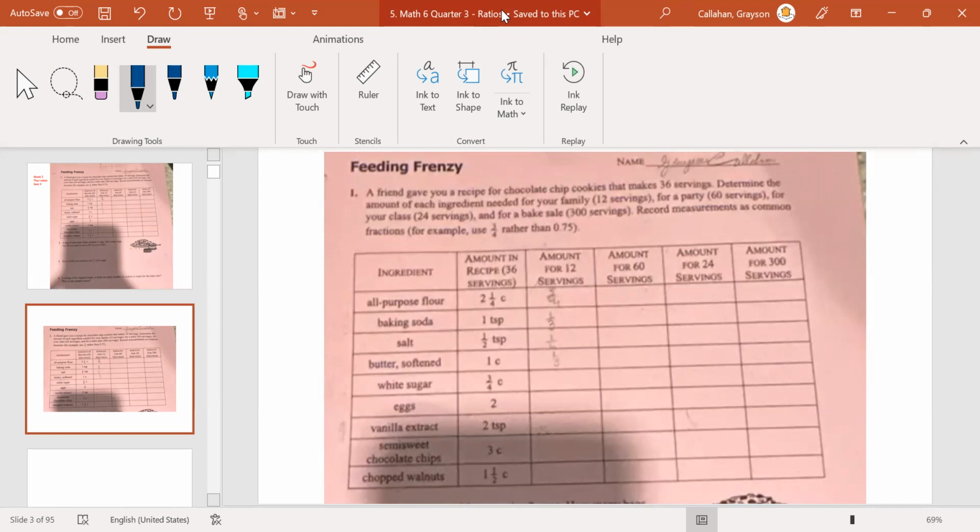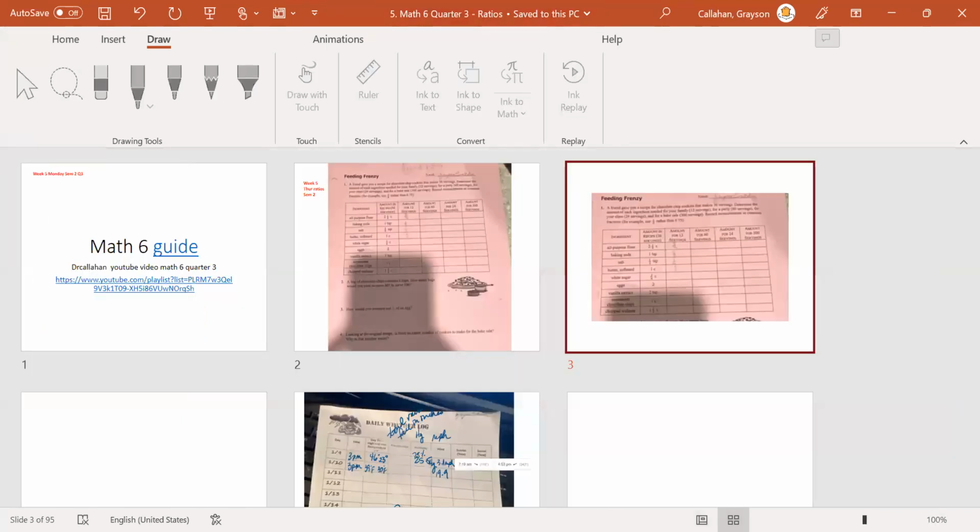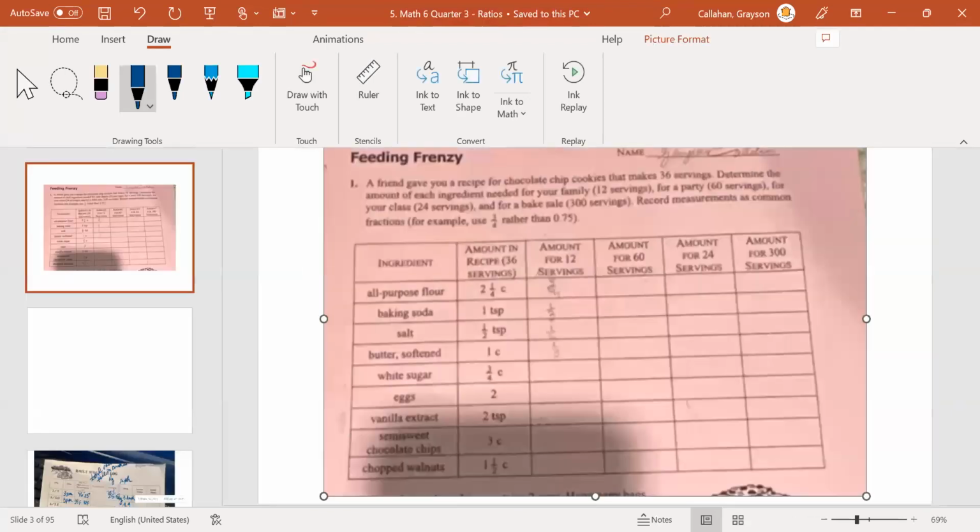All right, so all-purpose flour. This is for 36 servings. Now, from 36 to 12, do you see how we're going to divide by 3 to get 12?